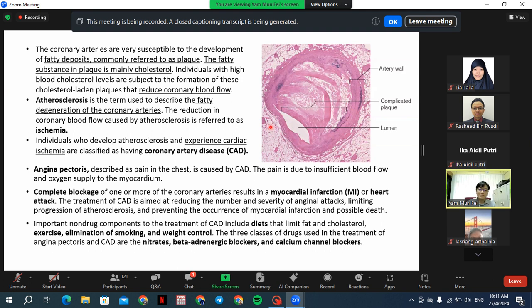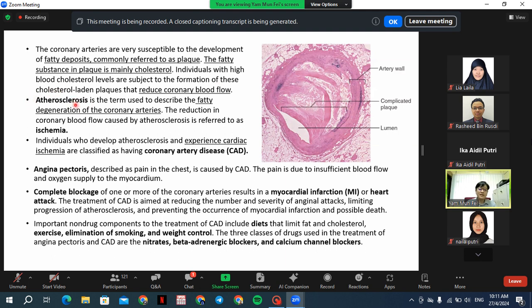So, clear on the basic concept? Before the condition gets worse, we take precautions to prevent it. We do sufficient exercise and control our diet, which can lower the risk. Another term you need to understand is atherosclerosis.